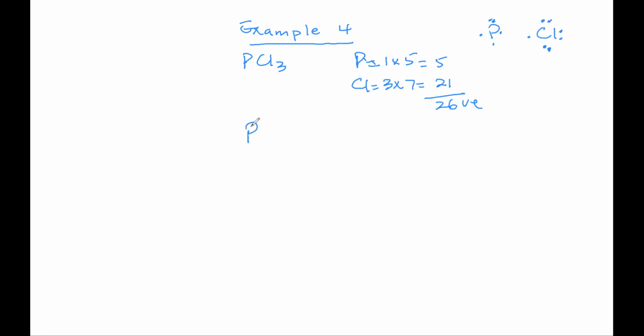So you choose how you want to do it. All of them are correct. Then you put the terminal atoms. Phosphorus is the central atom. So we make each of these stable.